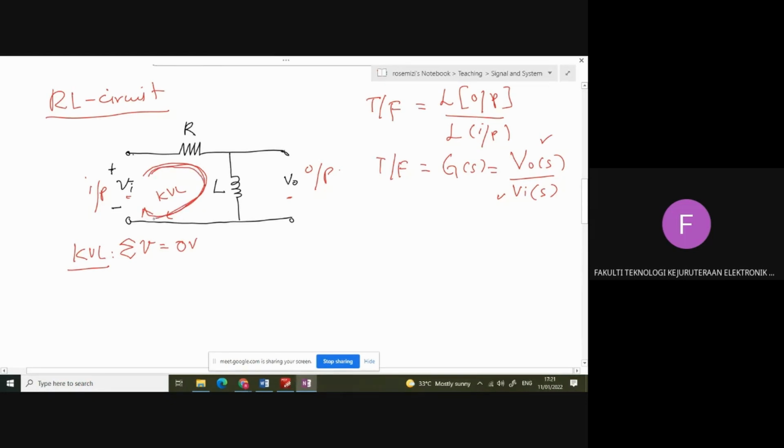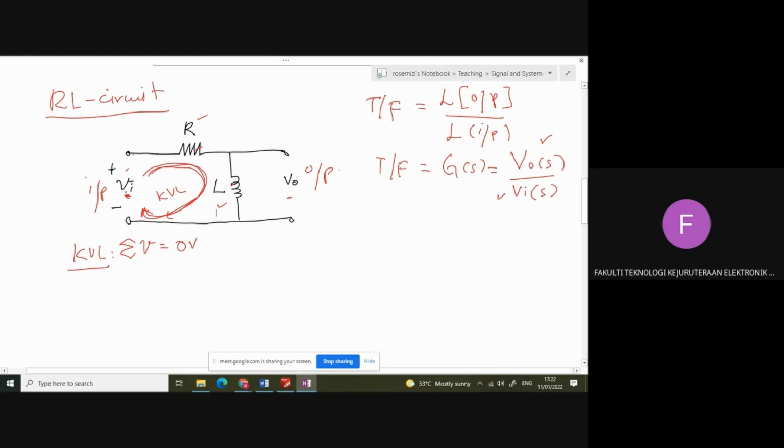In this loop, we have three voltages: the input voltage Vi, the voltage drop at the resistor, and the voltage drop at the inductor. The total of all these three voltages equal to 0.